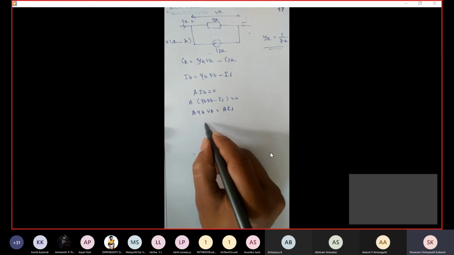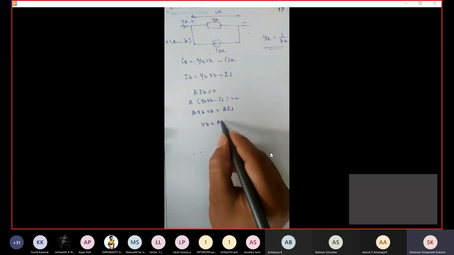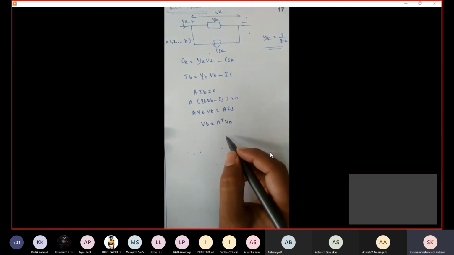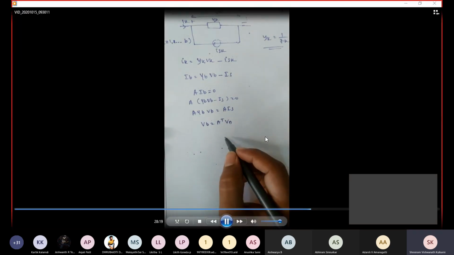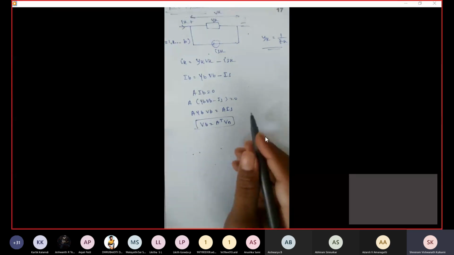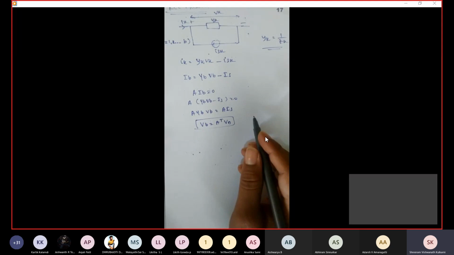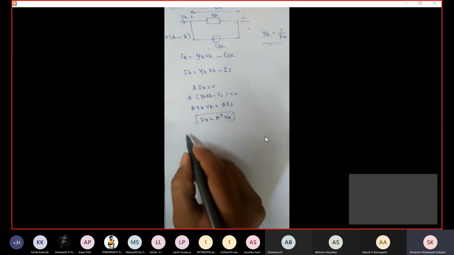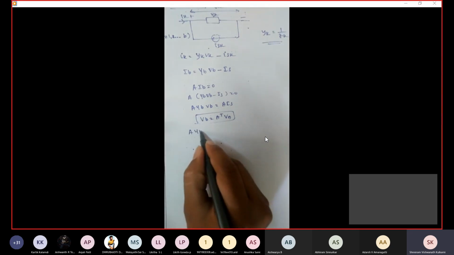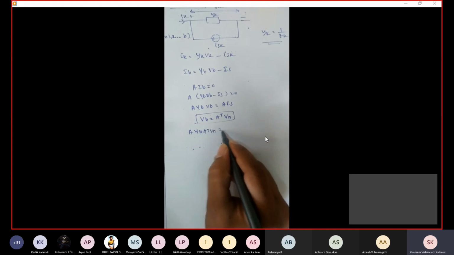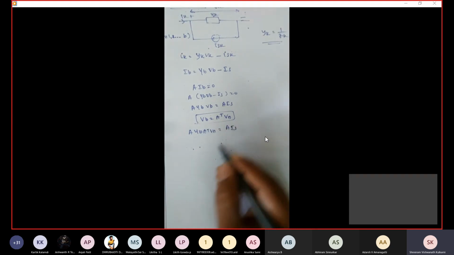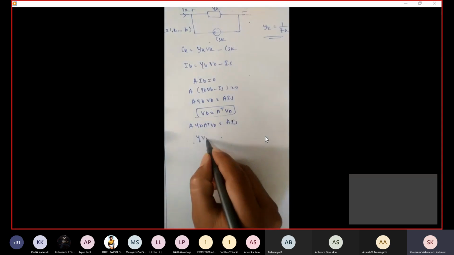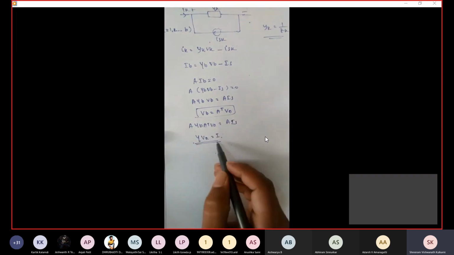Then I know VB equals A transpose Vn, node voltages. This one we have to remember. Here VB equals A transpose Vn. If I insert this there, A YB A transpose Vn equals A into IS. Then Y into Vn equals I, correct?